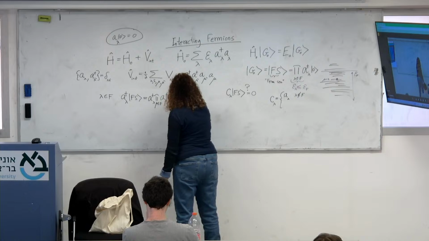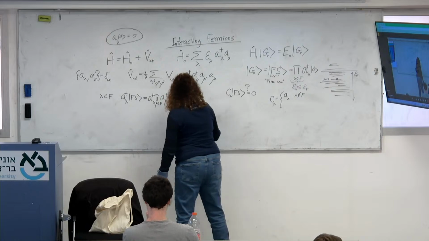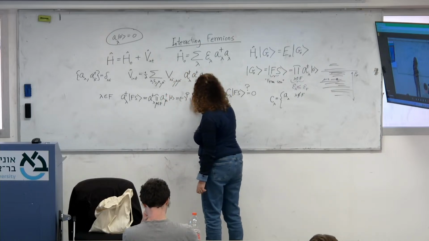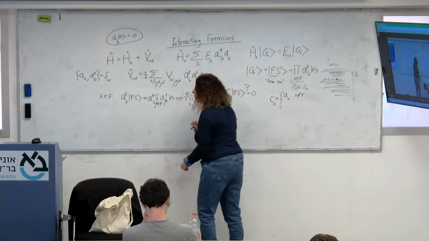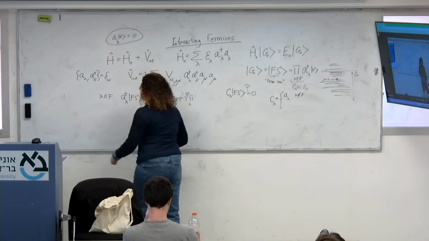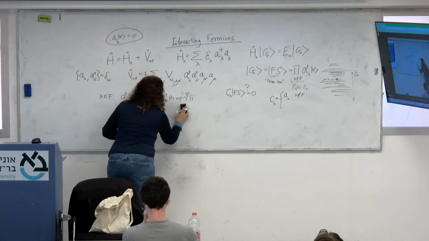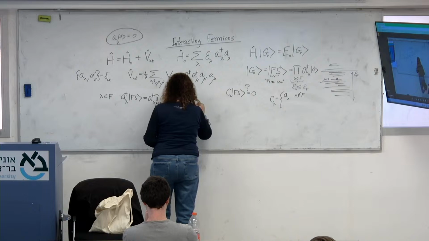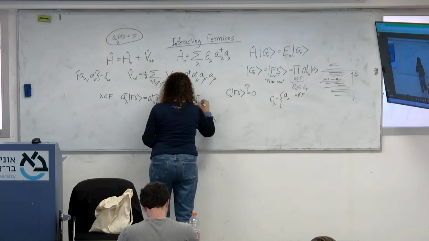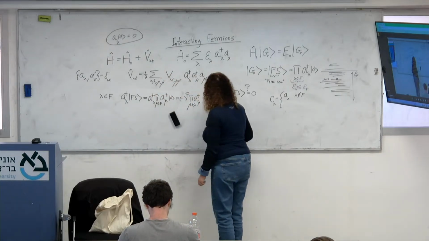So I get a minus to the power of some permutation times a product of all the mu's that are different from lambda, A dagger mu times.